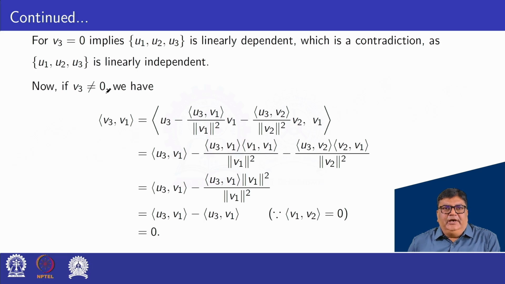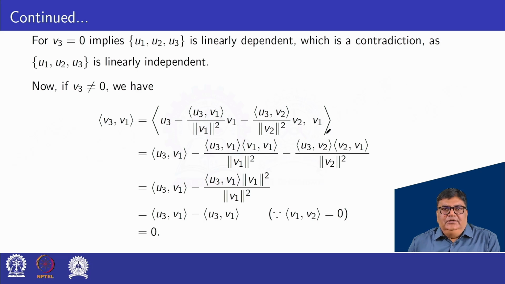Now if V3 is not equal to 0, we have the inner product of V3 and V1. So putting the value of V3, that is U3 minus inner product of U3 V1 upon norm of V1 square into V1 minus inner product of U3 V2 upon norm of V2 square into V2, and V1.